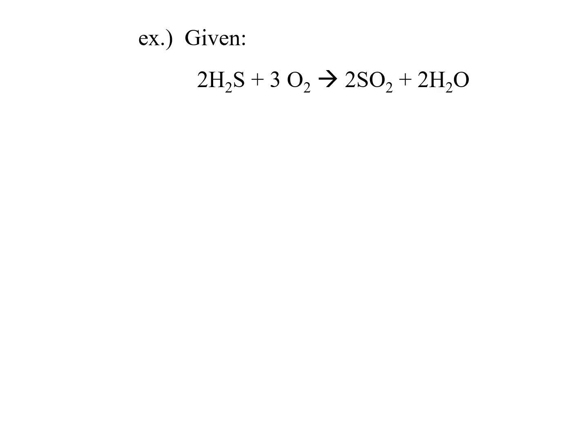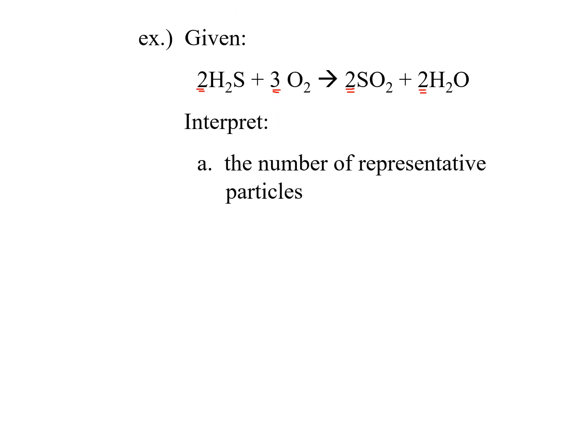Okay, so those numbers that are out in front, we generally will think of these coefficients as moles. But remember, they don't have to be just moles. As we saw in our last example, we could think of them as individual molecules. So one of the ways that we could interpret this is by molecules.